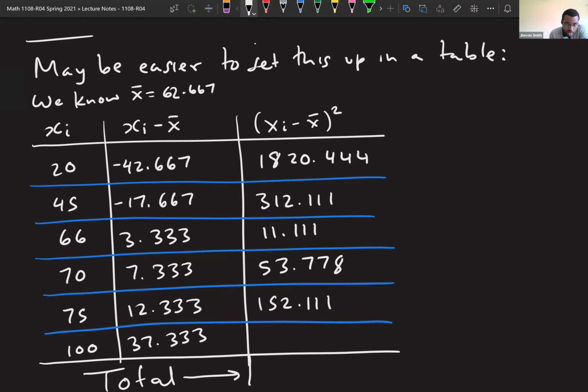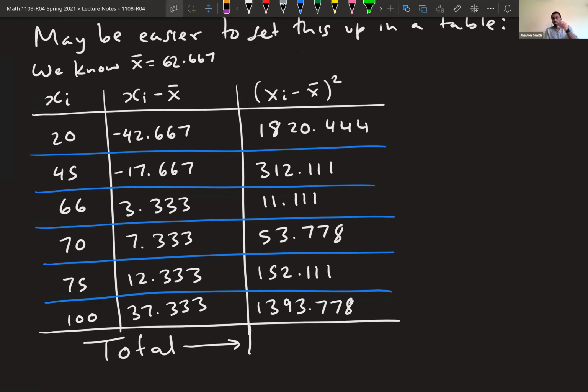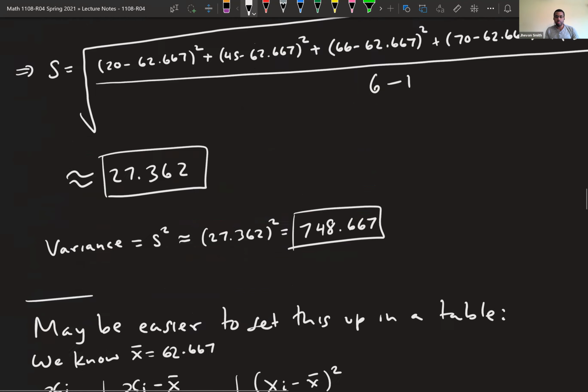Square the 37.3, you would get 1393.778. Right? You can just do this in your calculator line by line. Then you're going to add up all these numbers: 1820.444 plus 312.111 plus and so on. You add those all up. You'll get about 3743.333. Right? So that's the thing in the numerator under the square root.